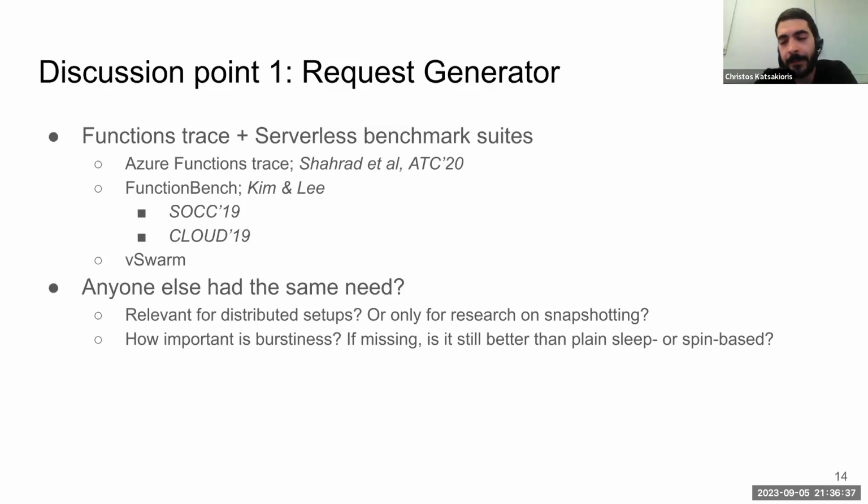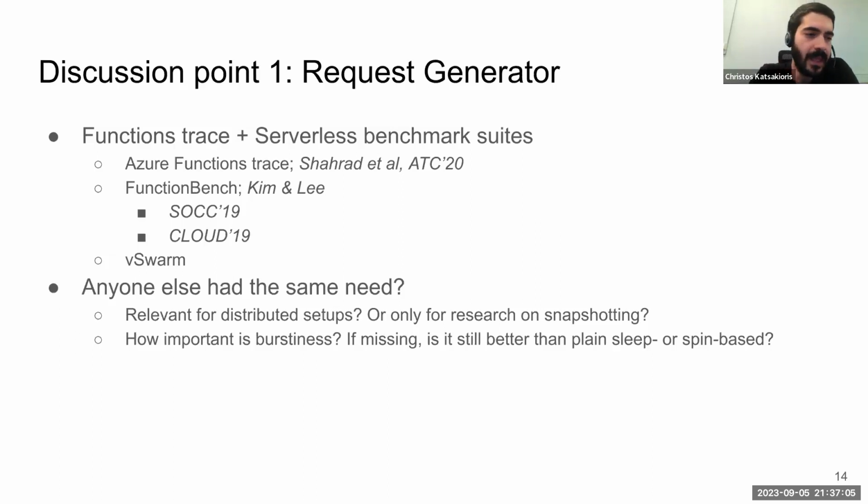And how important would it be, in your opinion, to factor in every piece of information that there is on the trace? So far we have request generators that take into account the burstiness of the functions, the inter-arrival times, but all the functions do is just sleep or spin.